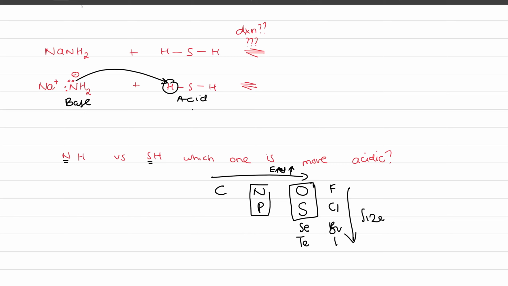So we do the normal arrow pushing, take the hydrogen, and we break the bond. Our NH2 minus is now NH3. It had 2 lone pairs, now it's 1. No formal charge anymore. The sulfur had 2 lone pairs of electrons, and it's going to have 3 of them now. And you can tell this is a conjugate base again because of the negative charge, while ammonia, in this case, is the conjugate acid.